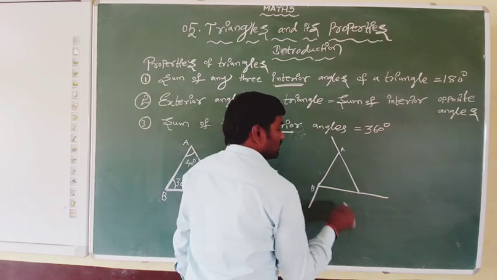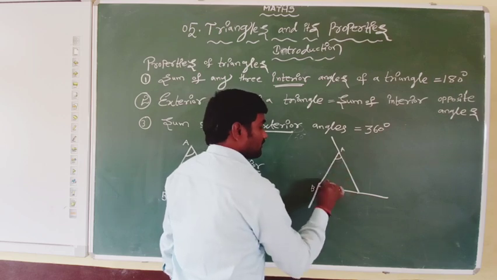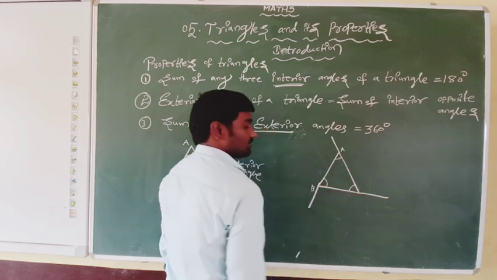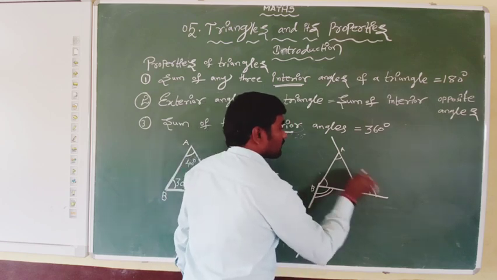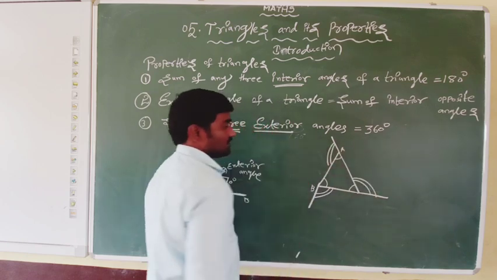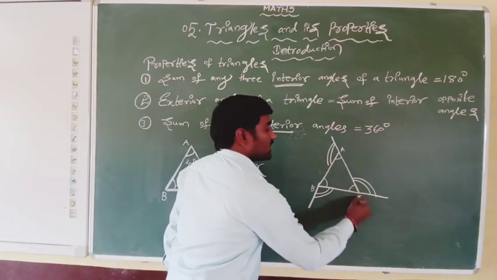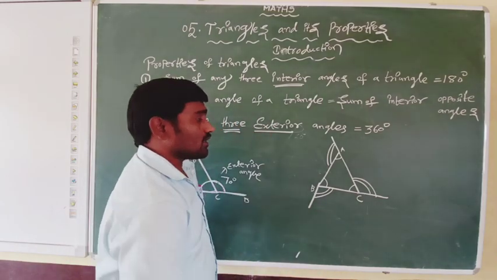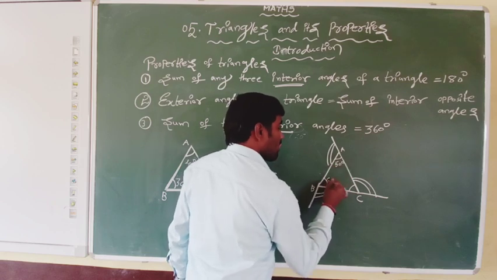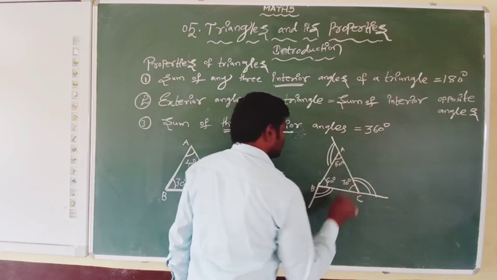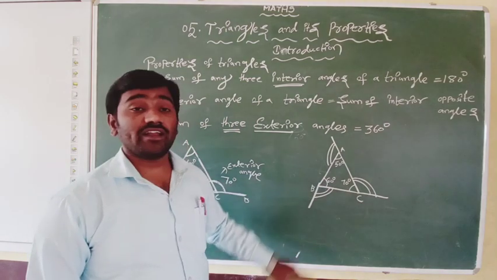So we know that these three are interior angles. And let me draw the external angles with double marks. Yes, I have drawn the external angles. We know that the sum of three internal angles equals 180 degrees.